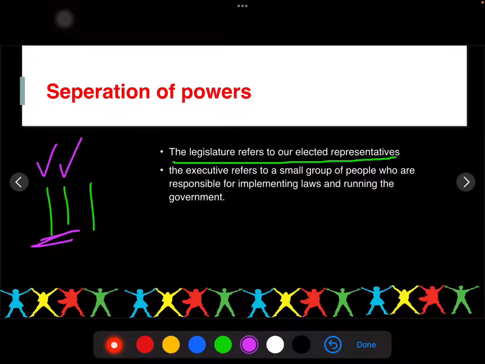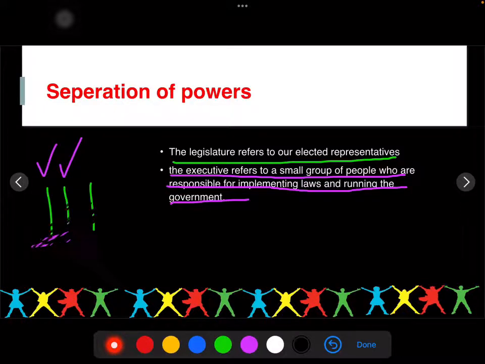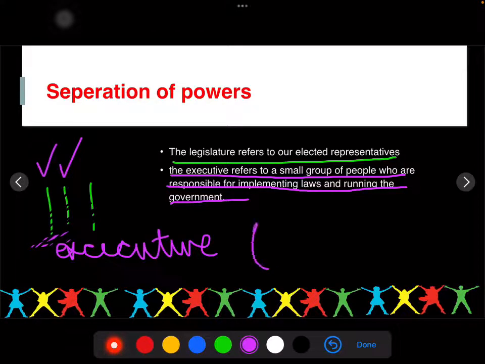The executive refers to a small group of people who are responsible for implementing laws and running the government. So if you see here, this executive is nothing but a small group of people who are not elected.